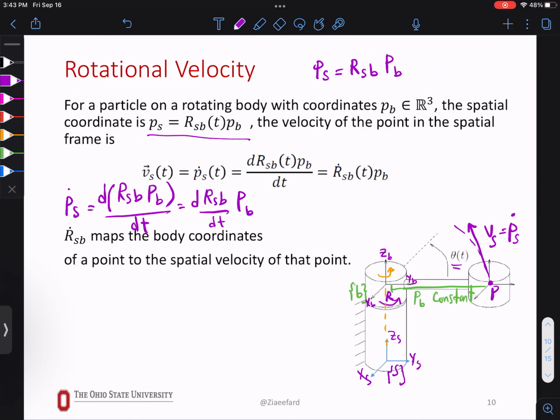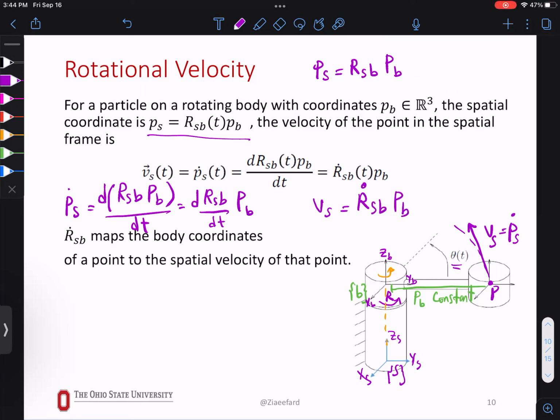So we can call this expression R dot of SB. Every time you get to this expression, because this is element-wise with a 3 by 3 matrix, you can take the derivative of every element. So you see here, VS became R dot SB PB.